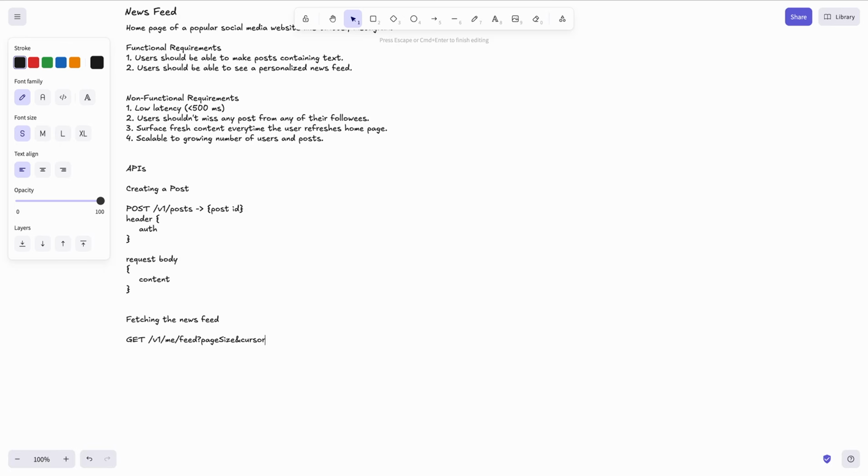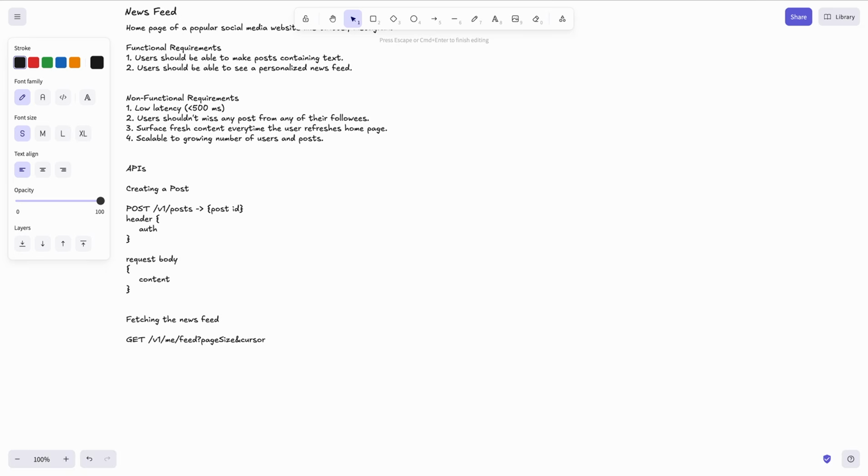So this tells our system exactly where to start fetching the next page of results. This is more reliable than using an offset because it prevents users from missing new posts that might have been added to the top of their feed while they were scrolling. So this is how we fetch a user's personalized news feed efficiently and reliably.